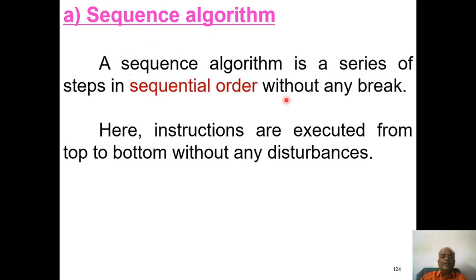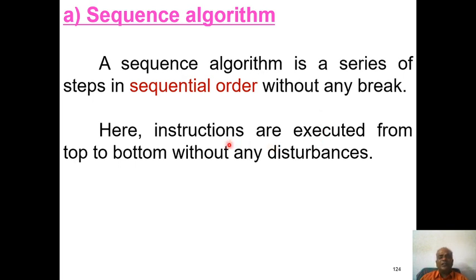Here it is a series of steps in sequential order without any break. Without any break, here all the steps will be followed: first step, second step, third step, fourth step, in sequence, without any deviation.